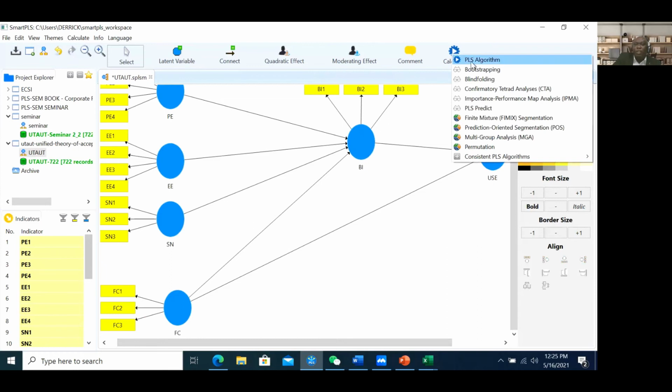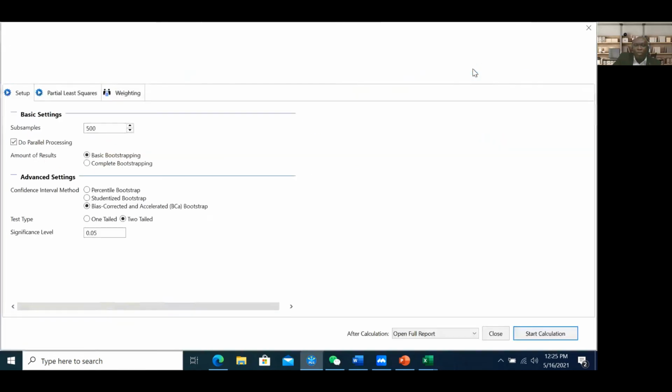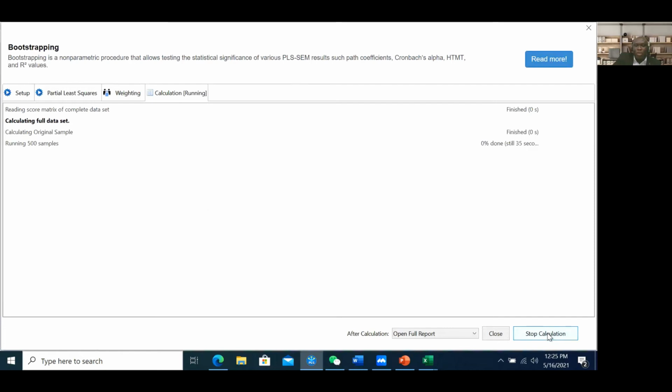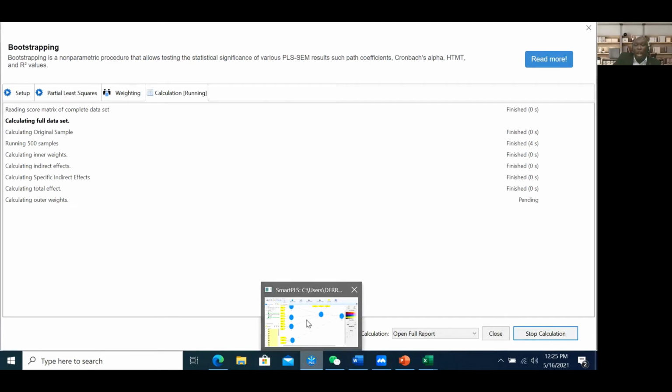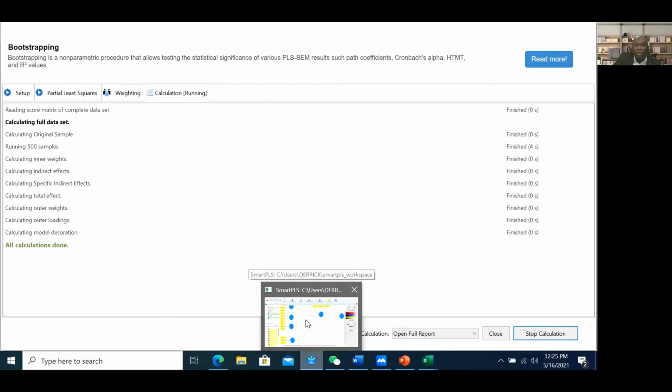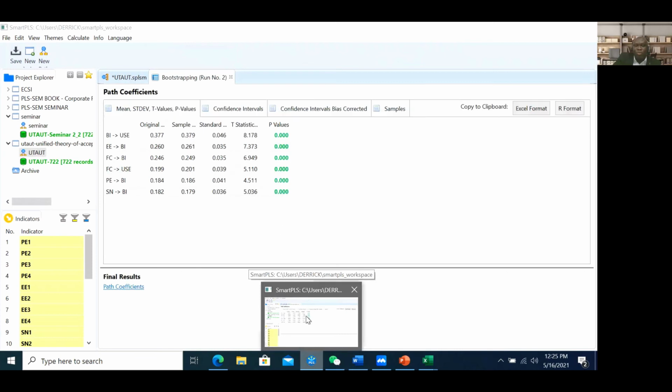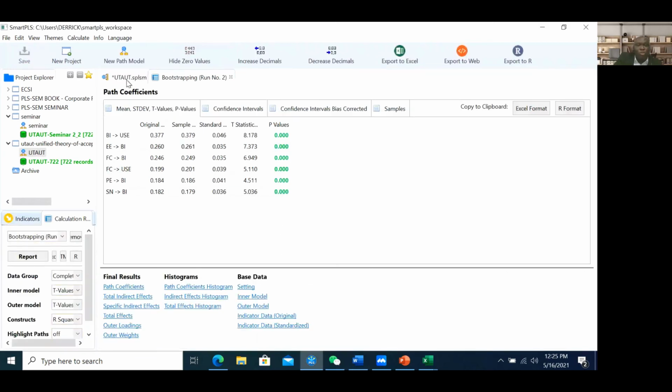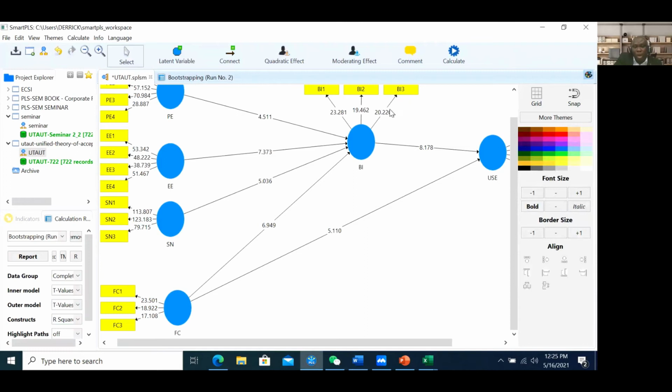Great. So what do you do? You go to bootstrapping and then you calculate. If we were to draw this connection from the bootstrapping analysis we had earlier, we would have just checked whether there's a mediation or not.